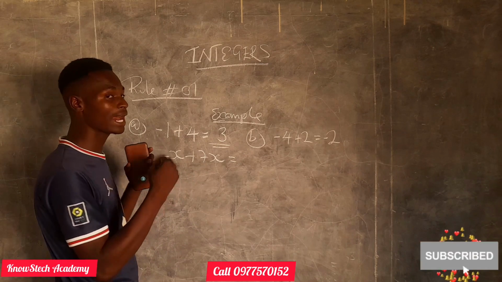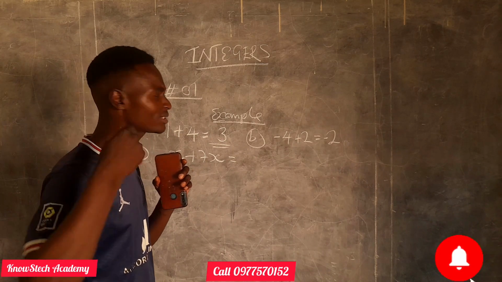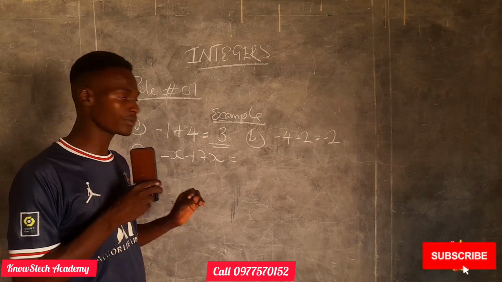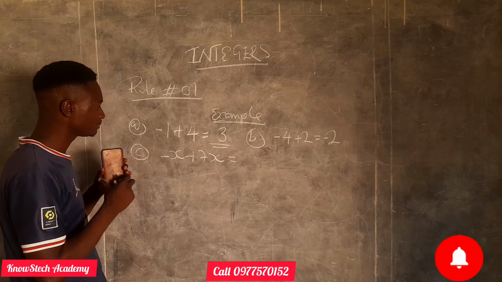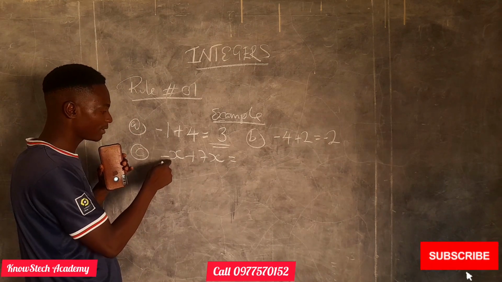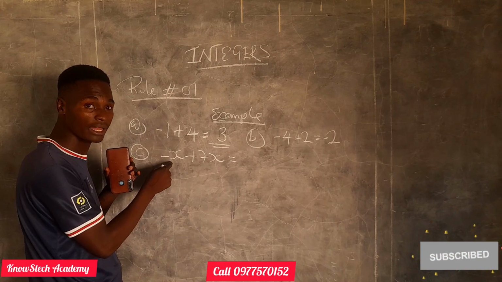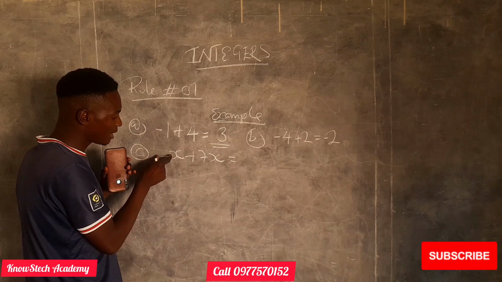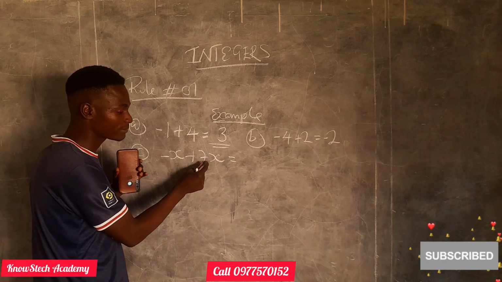So now, when adding or subtracting, don't be confused. Let not these variables confuse you. What you need to do is just deal with the numbers. We have an invisible one here. Remember the rule. You have -1 and +7.